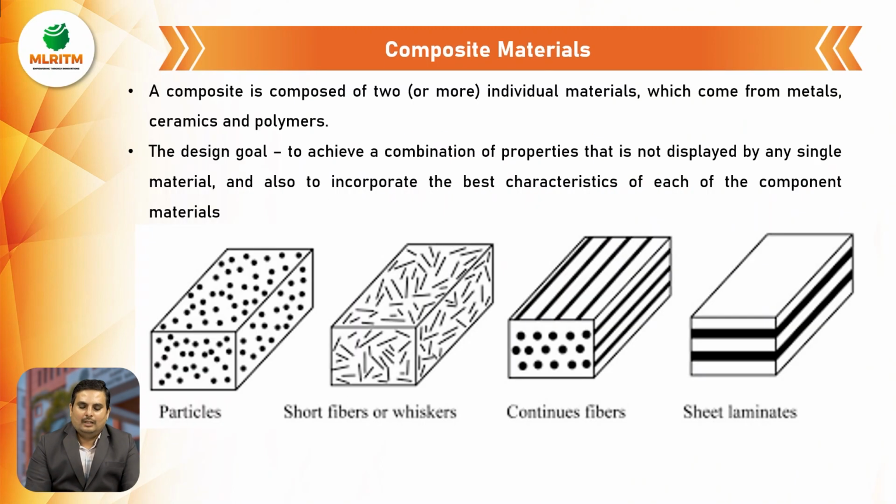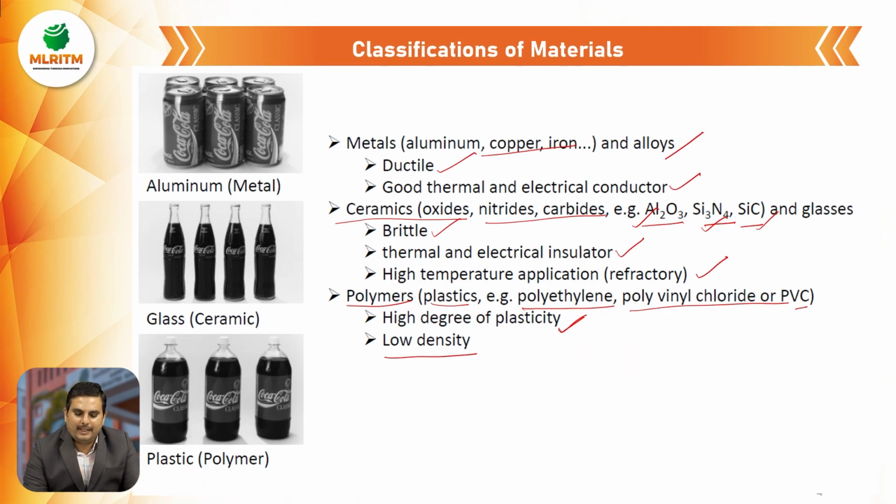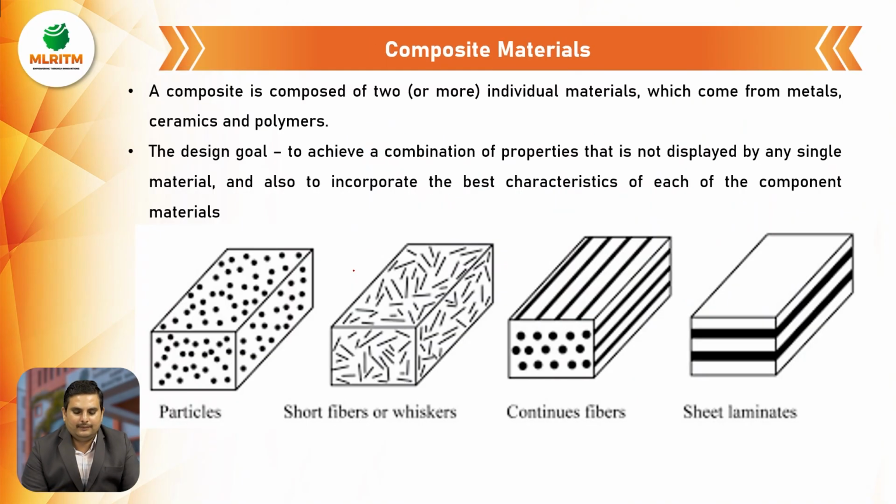Along with metals, ceramics and polymers, we have composite materials. A composite is composed of two or more individual materials coming from metals, ceramics and polymers.